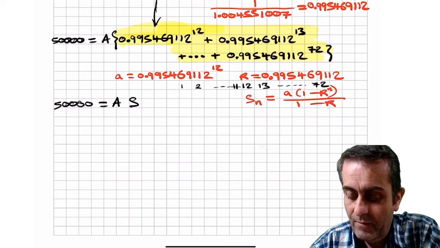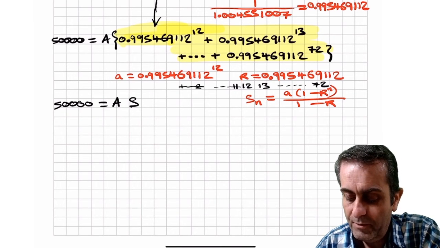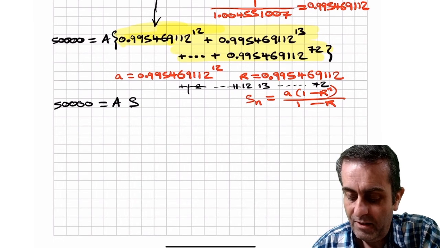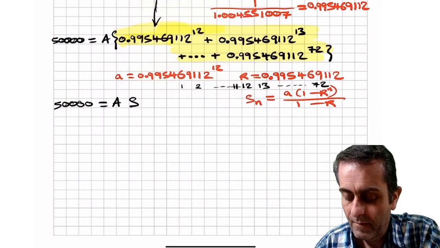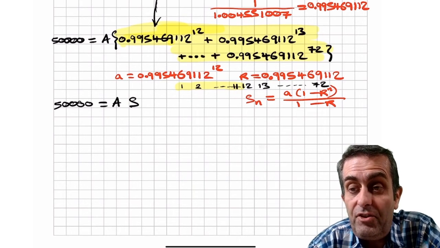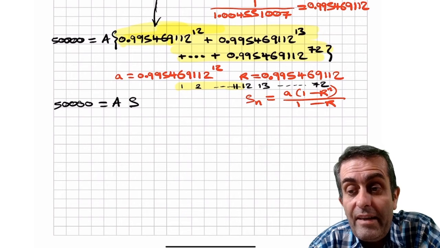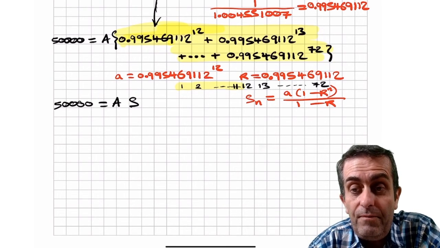But let's be clear here. The terms numbered 1 up to 11, there are no powers from 1 up to 11. So we need to remove those first 11 terms from our 72. Now this is a part where people always become confused. If we were counting from 1 up to 72, there will be 72 terms.